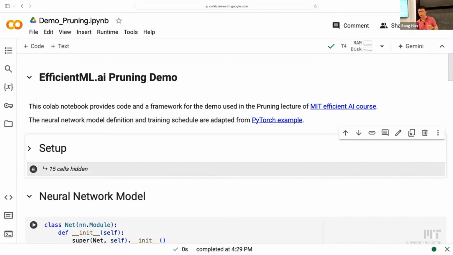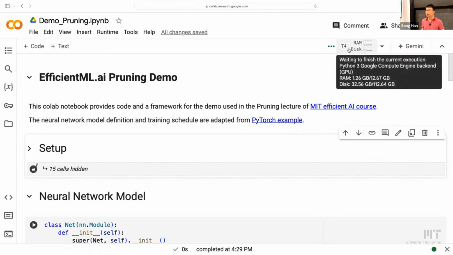This is using Google Colab, the same infrastructure we are going to use for our homeworks. For the free version, currently you can have this T4 GPU, which is not a super advanced GPU, but it should be enough for learning purposes and for this lecture.